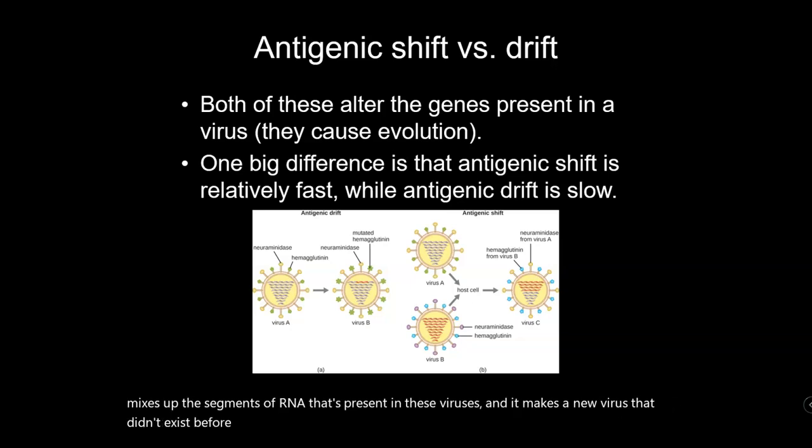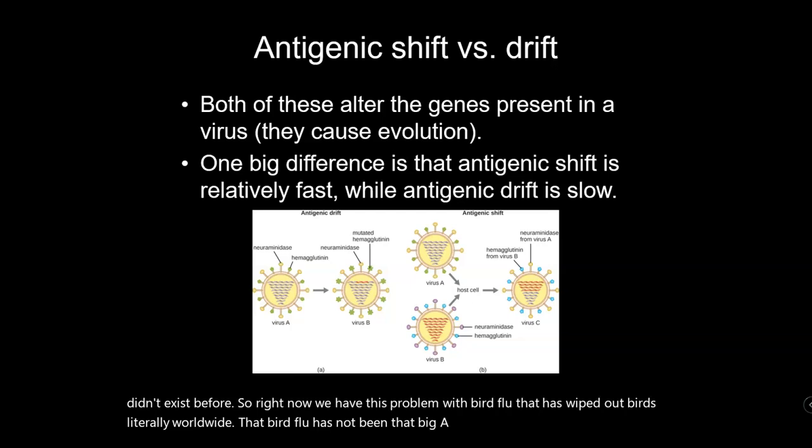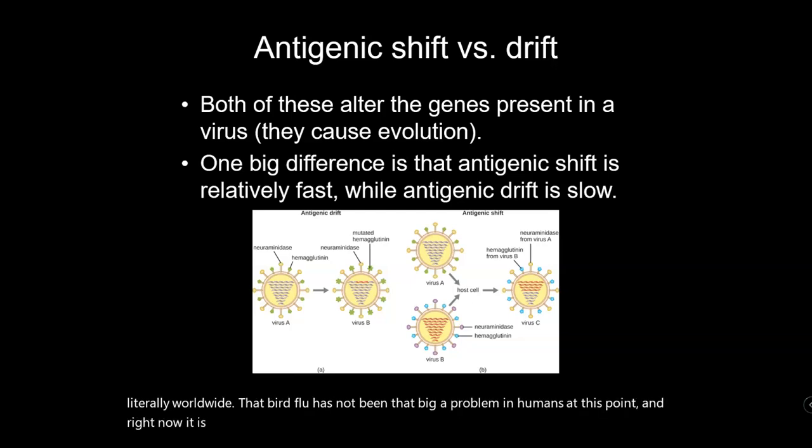So right now, we have this problem with bird flu that has wiped out birds literally worldwide. That bird flu has not been that big a problem in humans at this point, and right now it is July 3rd, 2024.